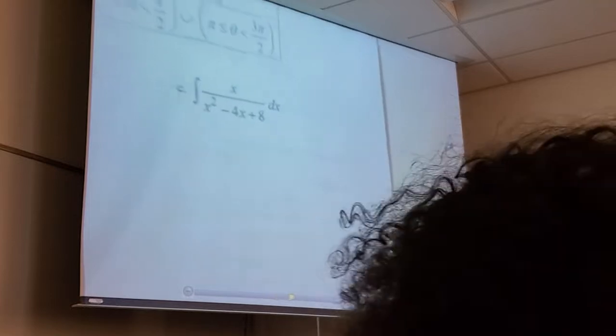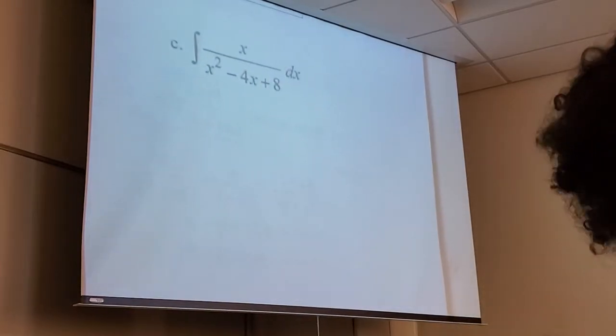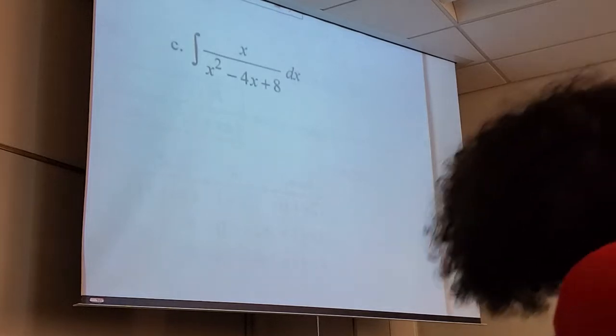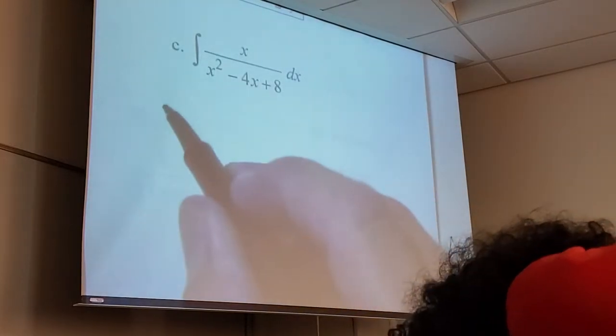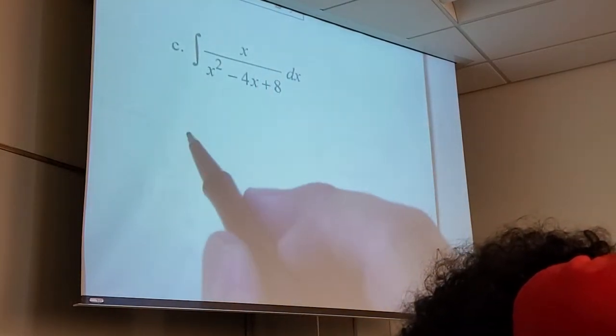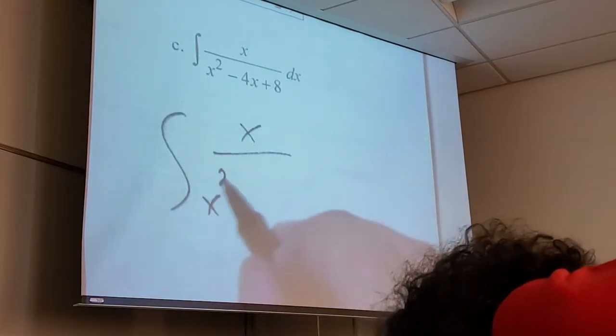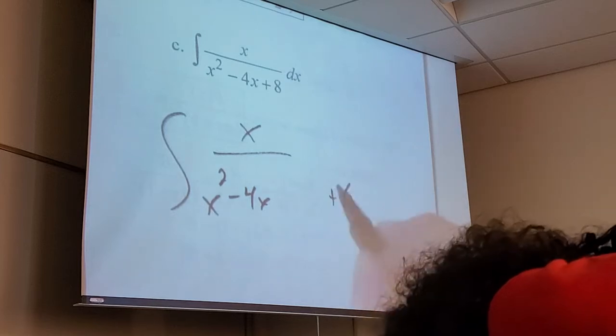All right, let's take a look at this one. Let's zoom in a little bit. What sucks about this one? It's not factored. Not in the form. So, let's all remember how to do completing the square. What we do is we make a little room, move that +8 over.